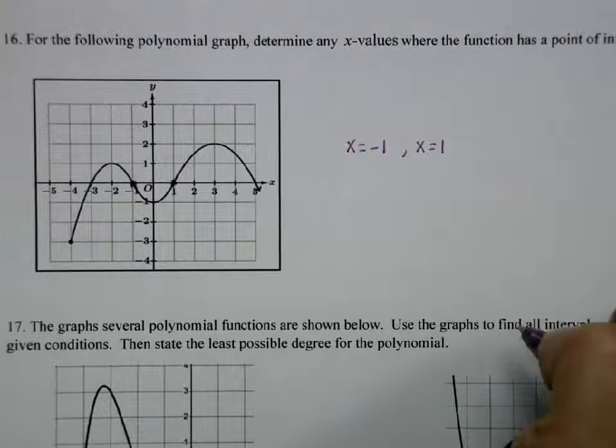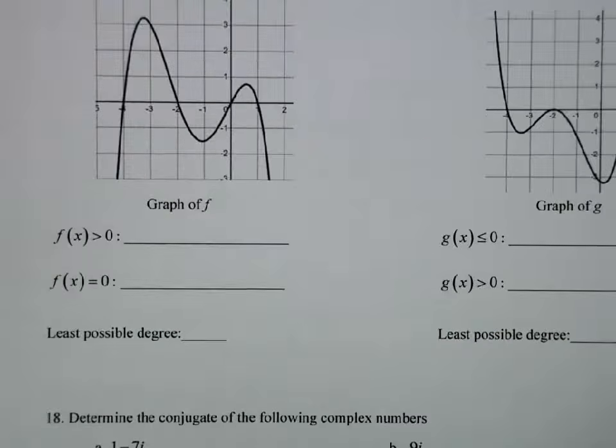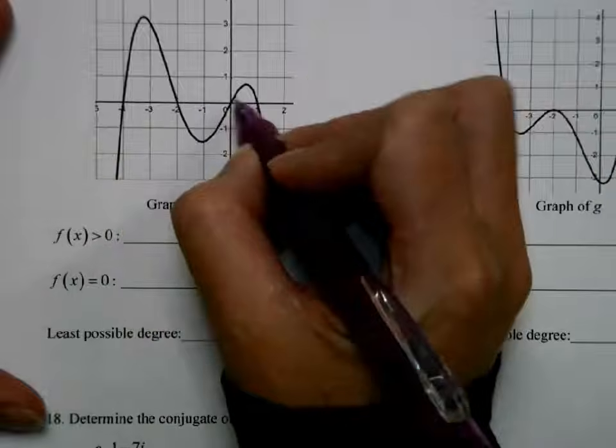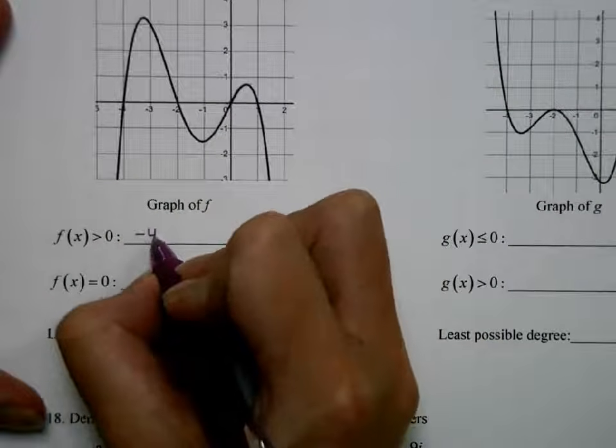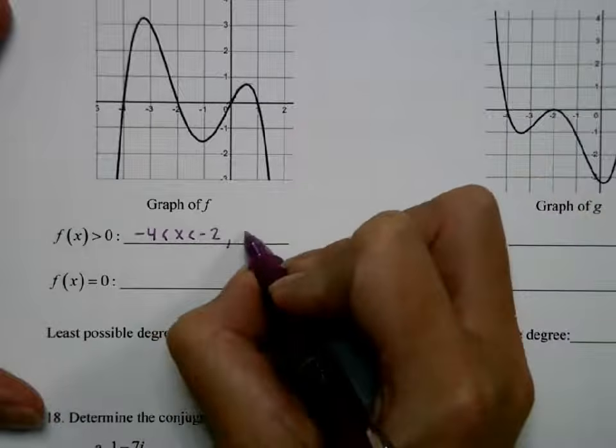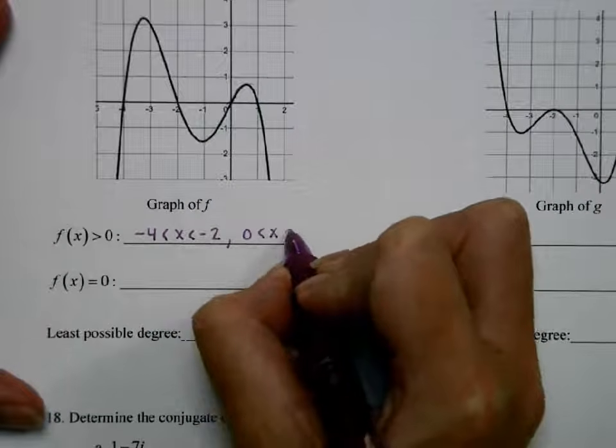Okay, we've got a graph, and we're going to identify some characteristics. So f of x is greater than 0. That's going to occur here and here. So from -4 less than x less than -2, and then again from 0 less than x less than 1. These are non-inclusive because I don't want to include 0 in this.